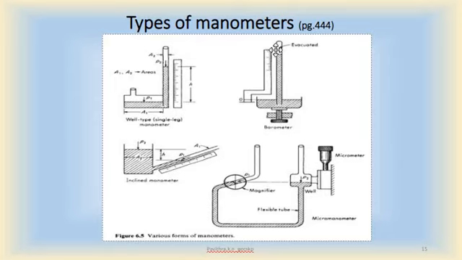In the figure you can see, even though it is a single leg instrument, high accuracy is achieved by setting the zero level of the well at the zero level of the scale before each reading is taken. So we need to set the level of the liquid at zero level before taking the readings. This should be done manually in the barometer.